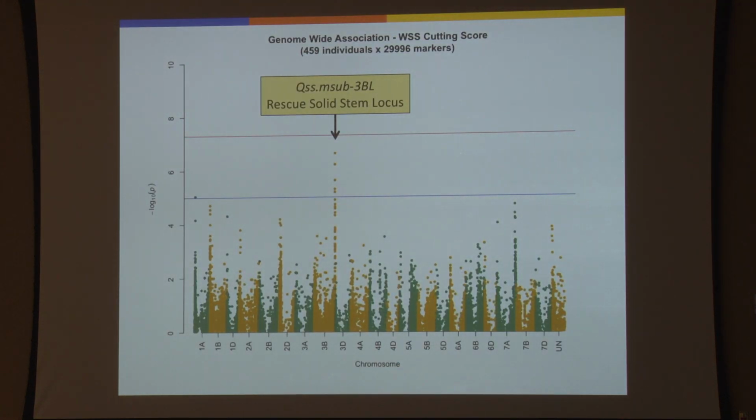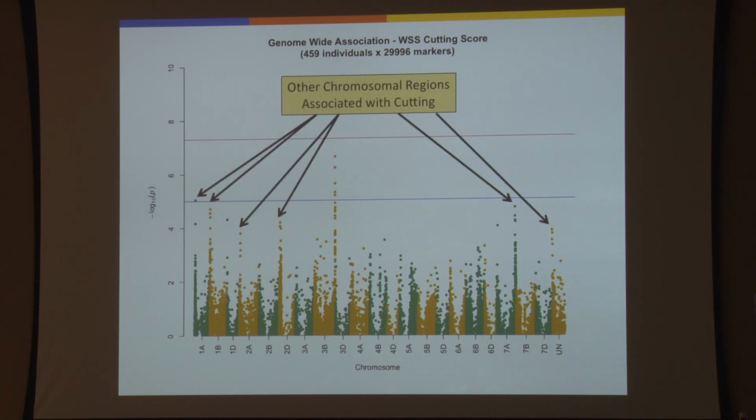Okay, this is a GWAS of sawfly resistance showing the 3BL locus, very important. But there are other loci as well. So Scott is tracking these and trying to enrich his materials for these other loci as well, so that all the eggs aren't in that one basket.